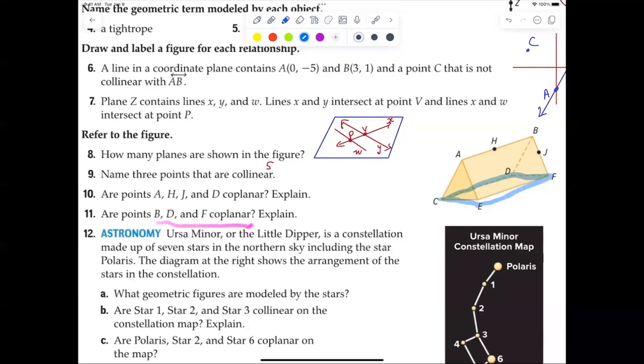Why wouldn't AHJD work? Couldn't you draw it still? You draw that and then show me. It just looked like a diamond. AHJ is this plane. Is D in that plane? No, it's on the other side. So it's not coplanar. How would you know AHJ isn't just a triangle plane?